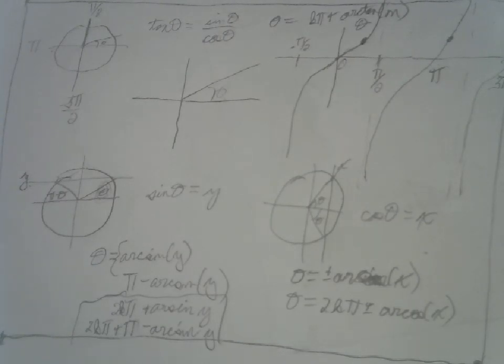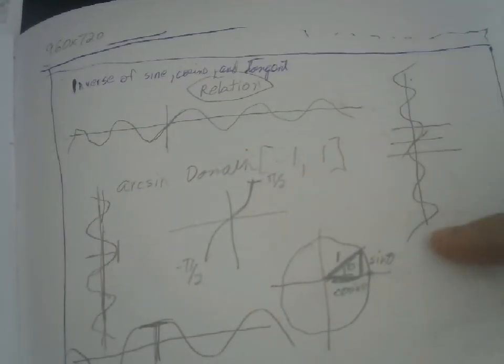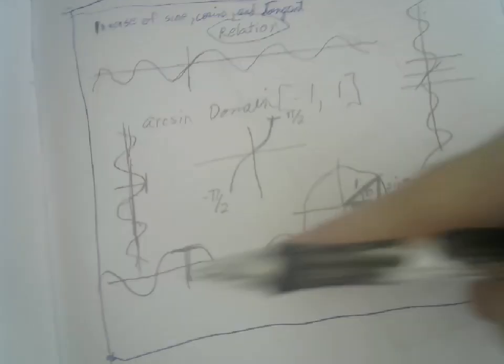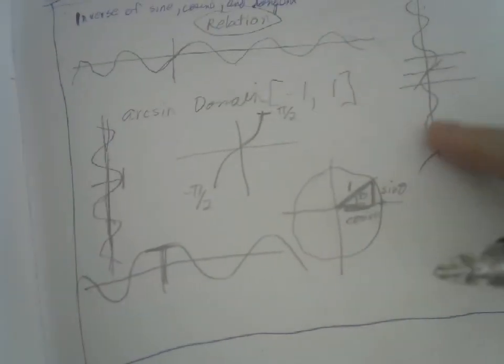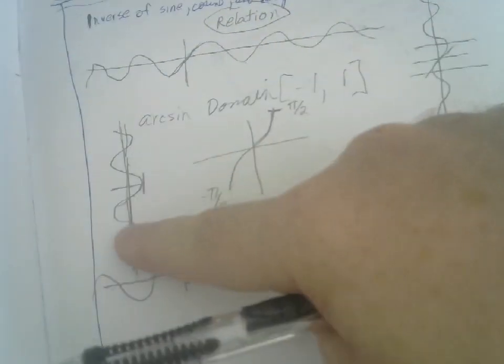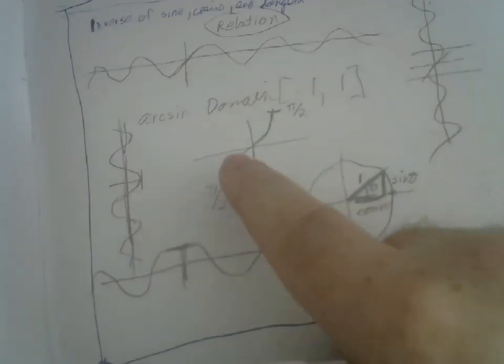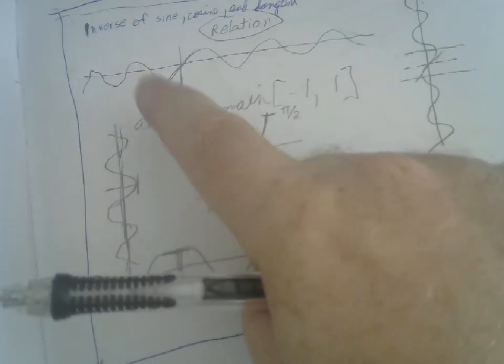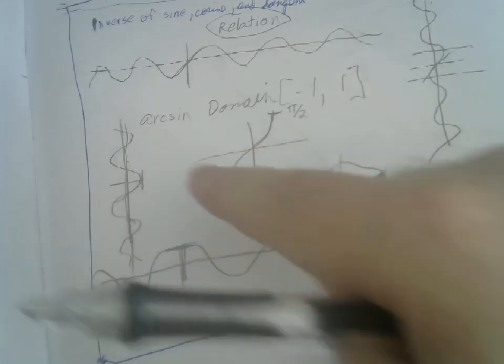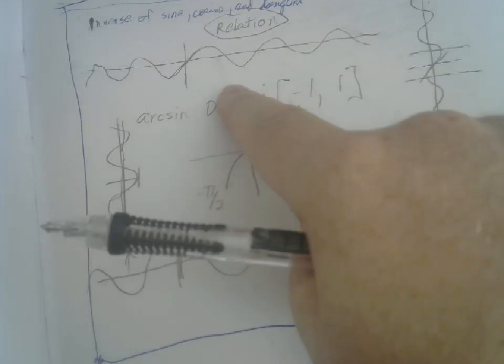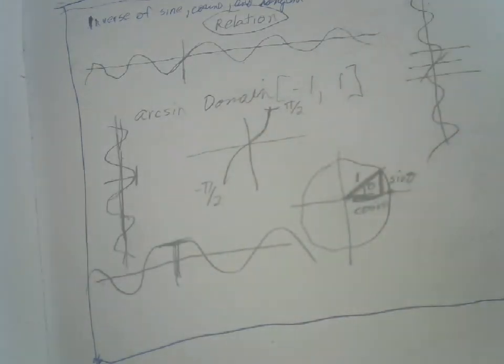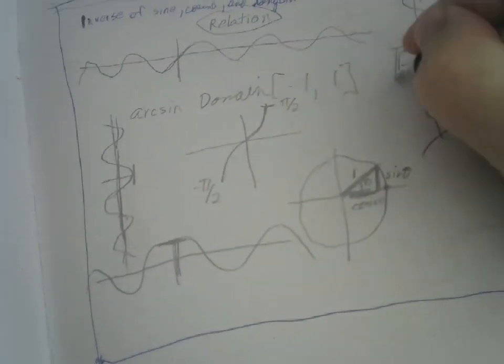You only have inverse relations because these things are not functions. I'm sorry, this one is not a function, and this one is not a function. So those are inverse relations, but the arcsine function is not really a true inverse of sine. It's because it only represents this part of the function.